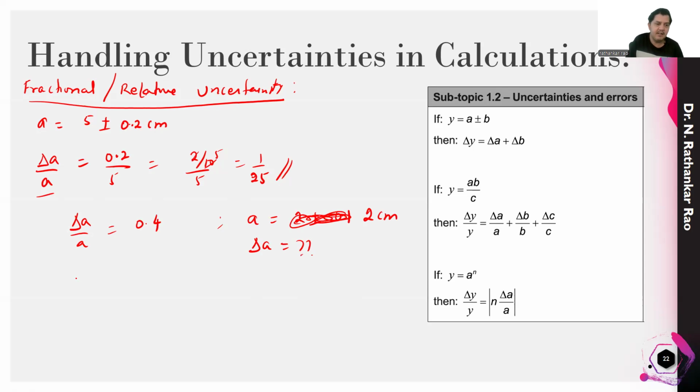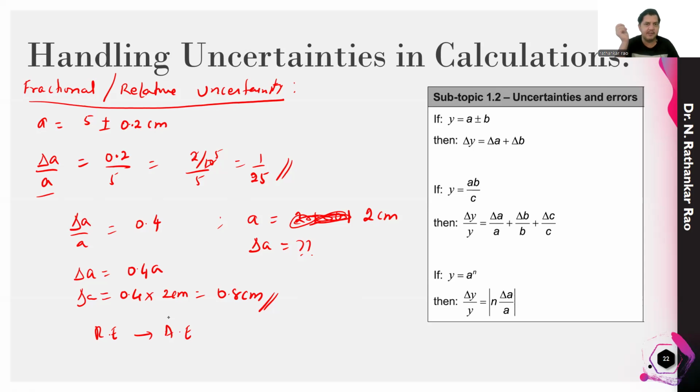I can now write delta A is equal to 0.4 times A, which is 0.4 times 2 centimeter. So you can multiply this and get the answer as 0.8 centimeter. Thus, you can get from relative uncertainty to absolute uncertainty. Remember, when relative uncertainty is given, you cannot write down the absolute error immediately, but instead you need a process like this to get the absolute uncertainty.